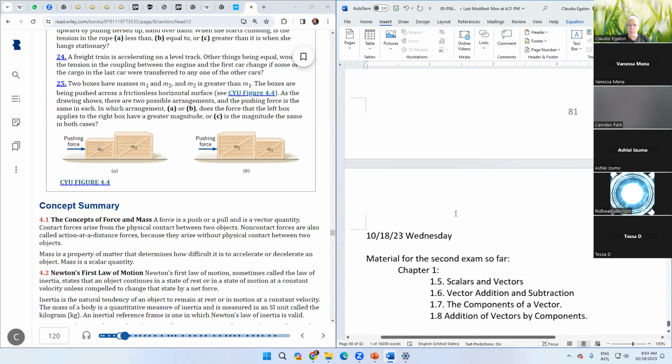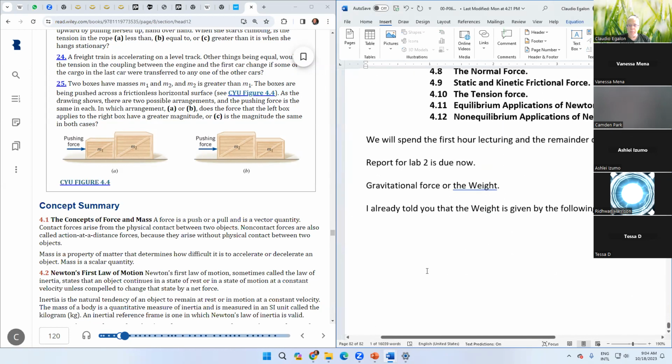Weight, W, equals mg. And if you want to write that in terms of vectors, you write like that.